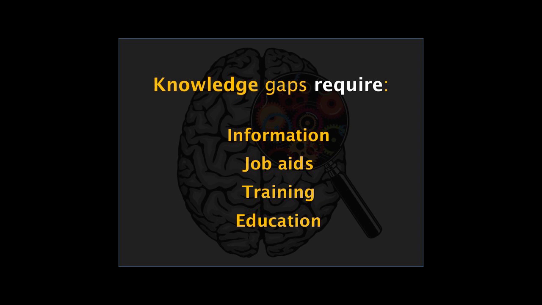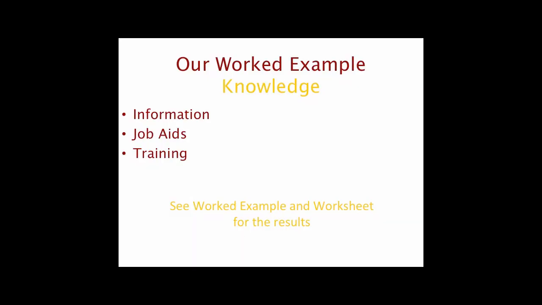What did they need? Well, in our worked example that we're going to use, we'll see that there are 2 kinds of knowledge gaps. But solutions also often take the form of information, job aids, training, or education. You'll see this in the Clark and Exley's text. In our worked example, we needed to provide information about the pedagogies. Our teachers knew what to do with the information.